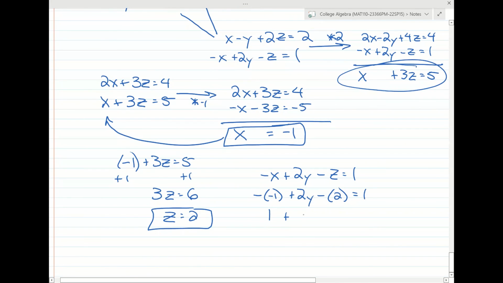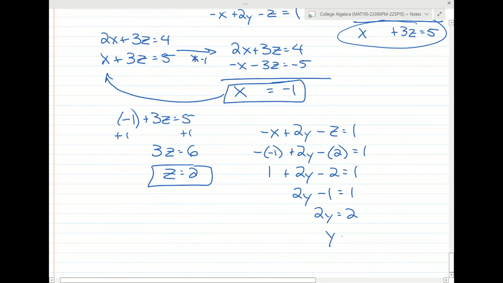So 1 plus 2y minus 2 is equal to 1. 2y minus 1 is equal to 1. 2y is 2, so y is 1. The solution would be -1, 1, 2 for x, y, and z.